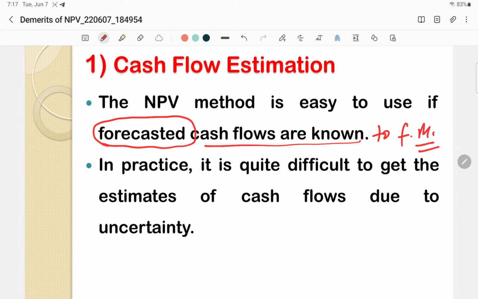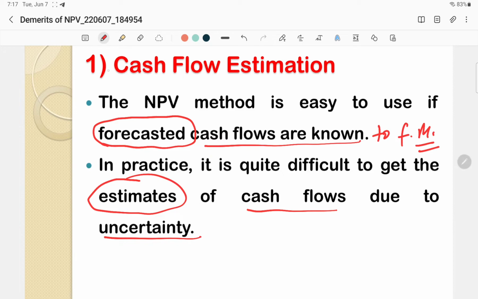But in practice, it is very difficult to get the exact estimates of cash flows due to the uncertainty involved in a project. So, if cash flows with respect to a project are accurate, correctly estimated, then we can easily use the NPV method.